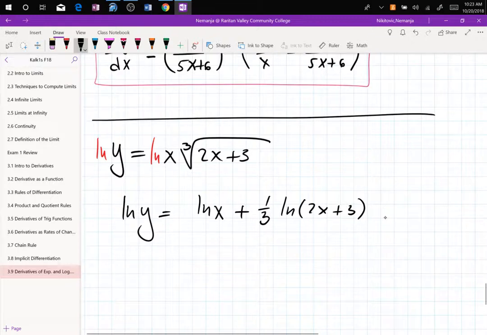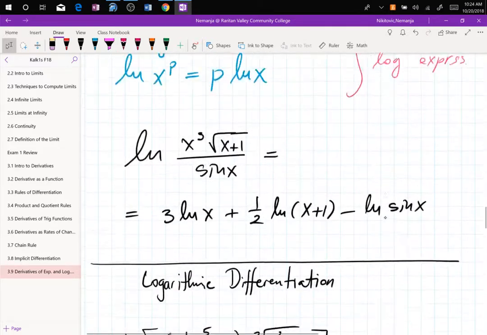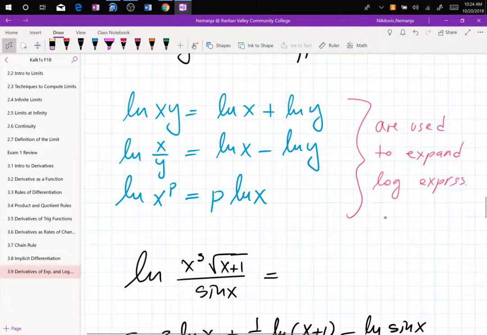So I used those formulas to break multiplication into addition of arguments, and then all of the exponents on those arguments, in this case 1 goes in front of ln, and the other one is 1/3 goes in front of ln. So those are these formulas at work, the blue formulas up there.